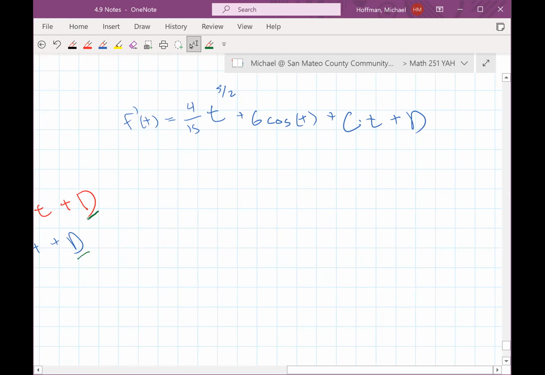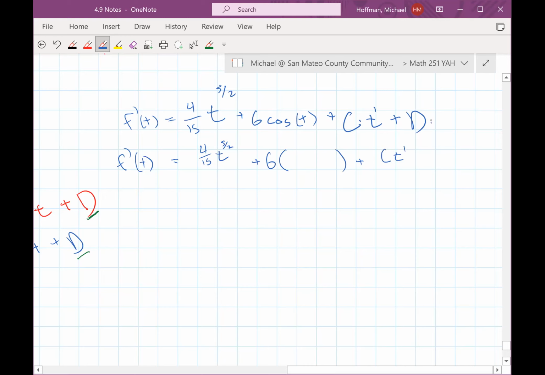Now we have to do one final antiderivative to this one. First I'm going to copy down this power function to show how I'm going to use the inverse power rule. This is going to be 4/15 t to the 5/2, plus 6 times whatever the antiderivative of cosine is, plus my constant c, which is now c t to the first power.